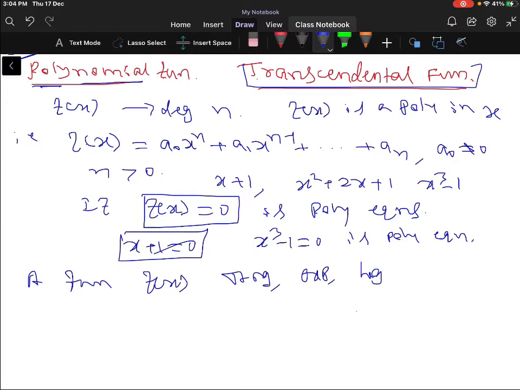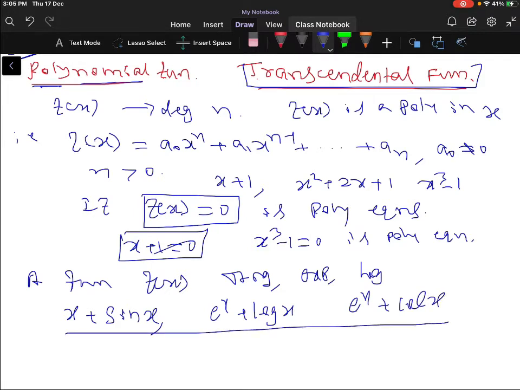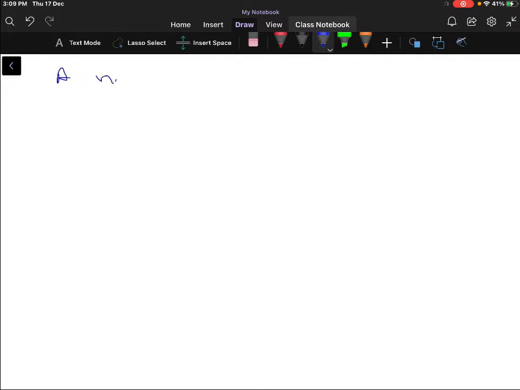For example, x plus sin x, e power x plus log x, e power x plus cos x. So these functions are the transcendental functions. If these functions are equal to 0, they are called transcendental equations.